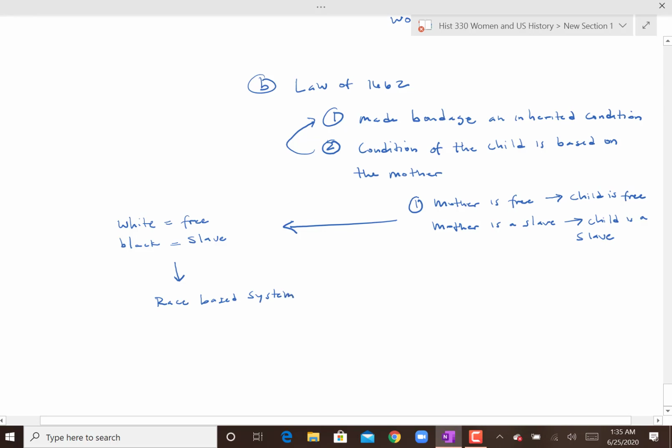Right, it started with tax and separating labor based on race, but the law of 1662 clearly creates the race-based system. What's also significant about this, in terms of having the mother and her condition be the condition of the child, is that this creates it as matrilineal.